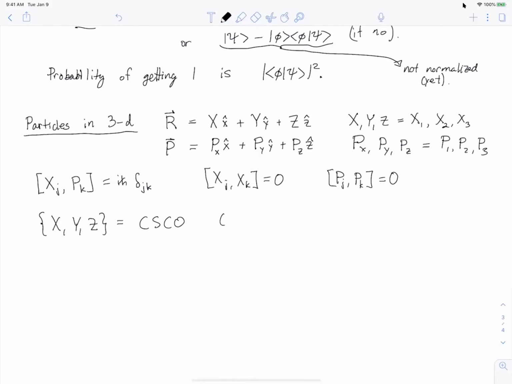So they are observables. They're Hermitian operators. They commute. And their eigenstates, this is the tricky part sometimes, have non-degenerate eigenvalues.